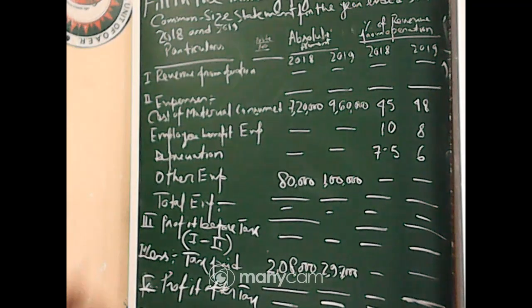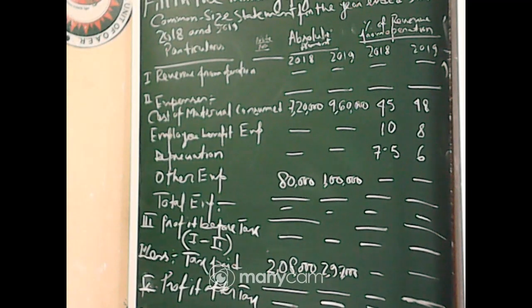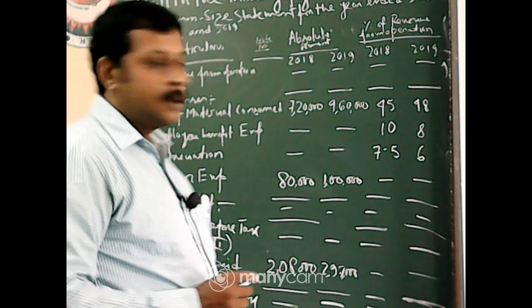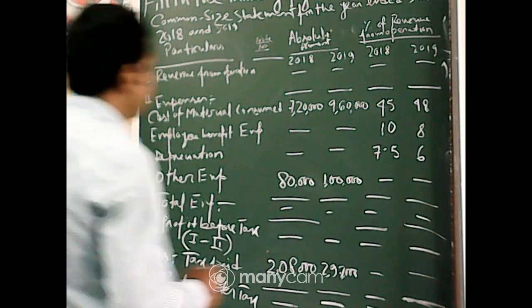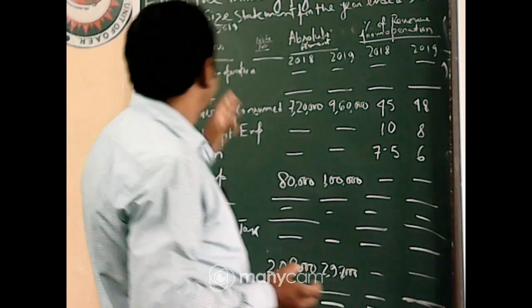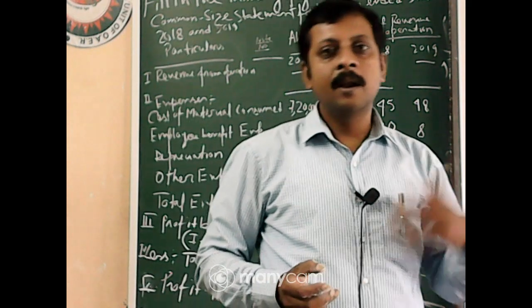Now, how can we solve this problem? First, in a common size statement, your main motto should be to figure out the revenue from operation.